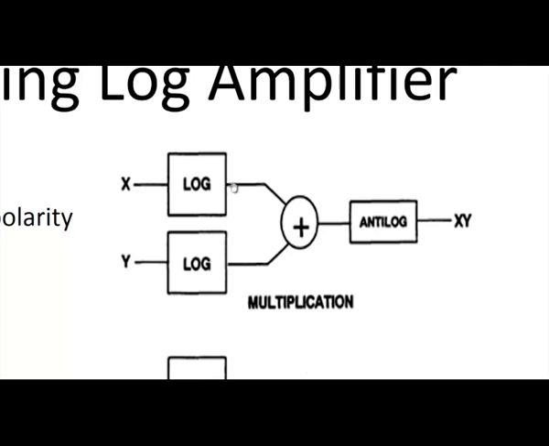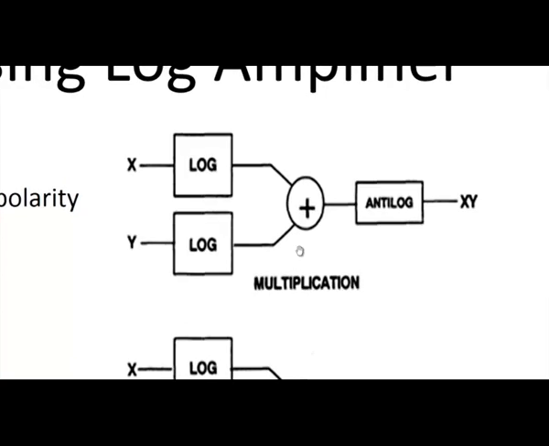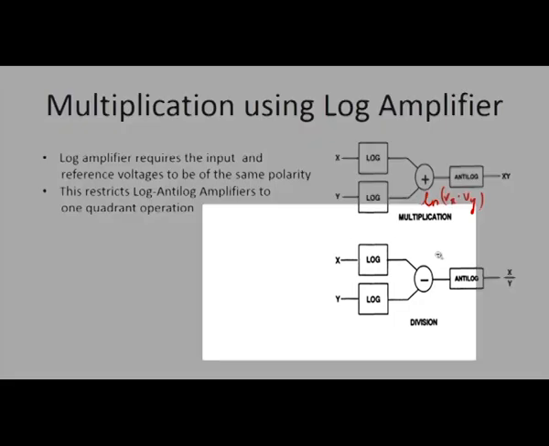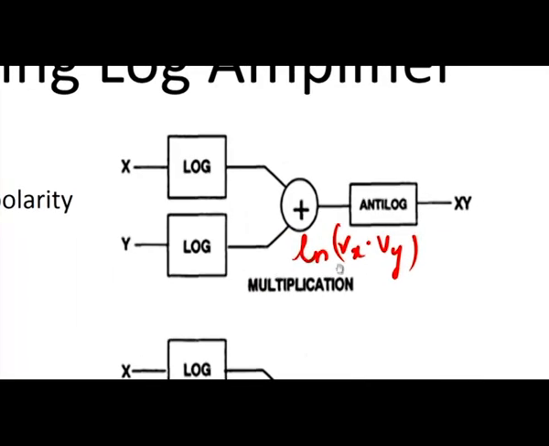A logarithmic amplifier gives the natural logarithm of the input signal. So if you add these two values, at the summing point you have the natural logarithm of Vx into Vy. After you take the antilog of this, you will have the product of the input signals x and y.